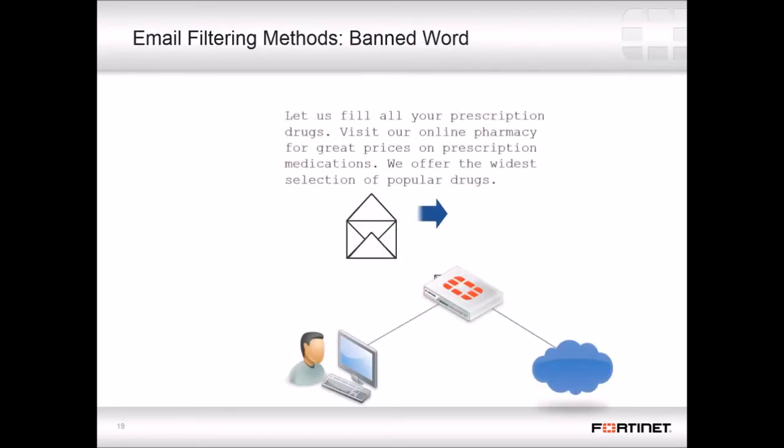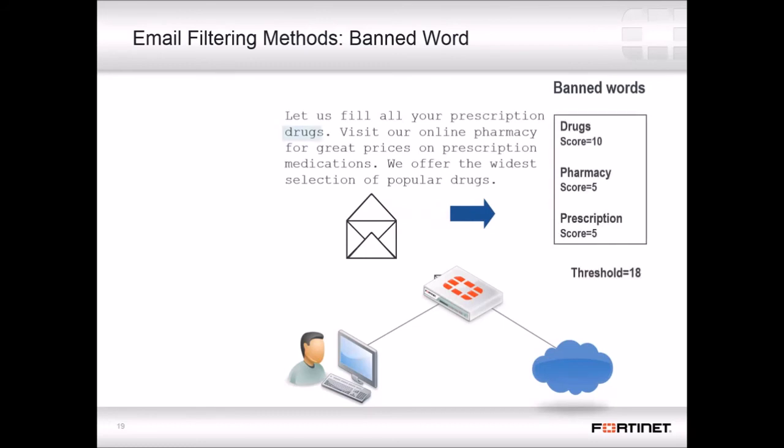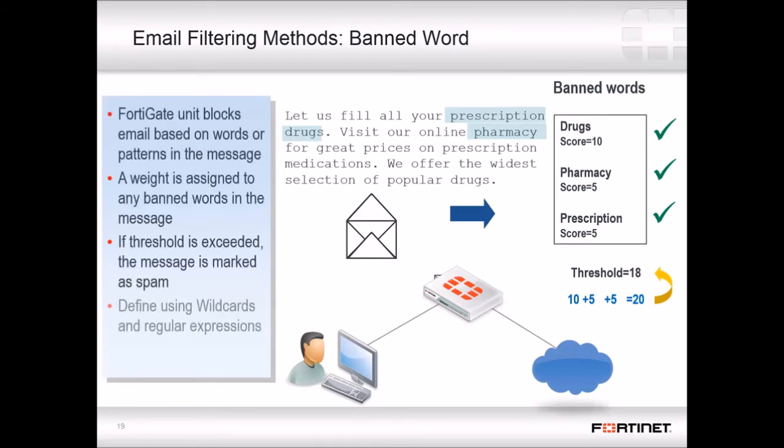The banned word check detects keywords that you manually configure within the email. Unlike the other spam checks, a detected banned word does not necessarily mean the email is considered spam. Each word has a weight value associated. The weight of the detections is added up at the end of the email, and if this value exceeds the threshold, the email is considered spam.